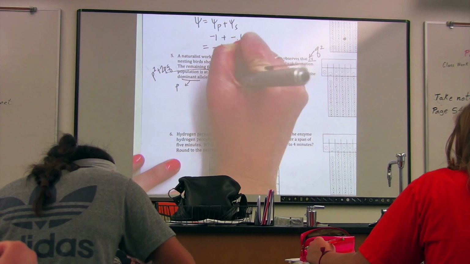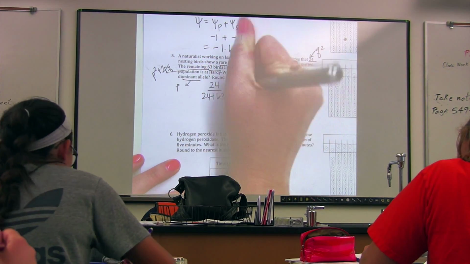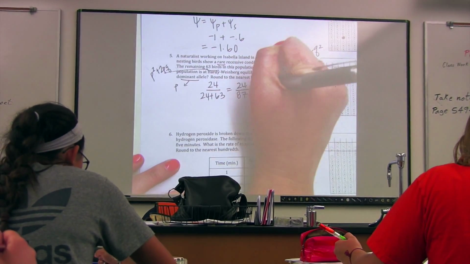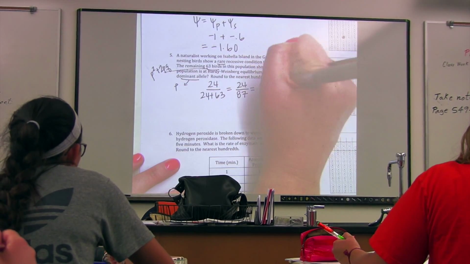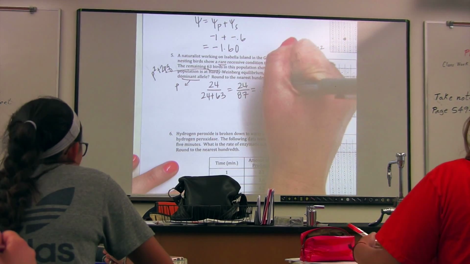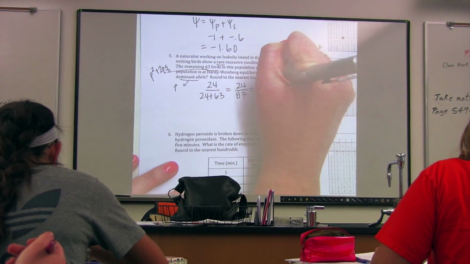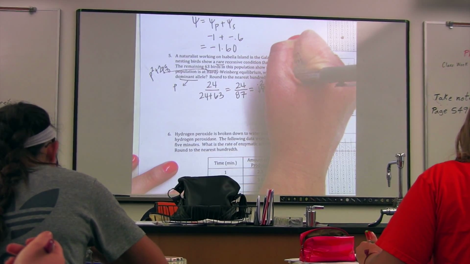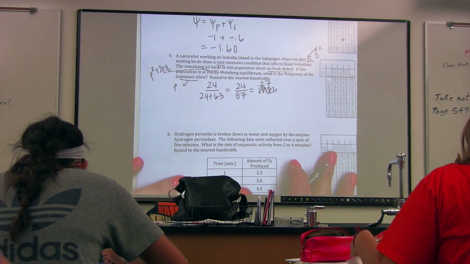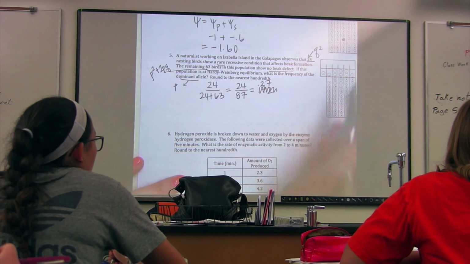I'm going to say 24 over 24 plus 63, or 24 over 87, and that equals 0.27. Are we happy with 0.27?